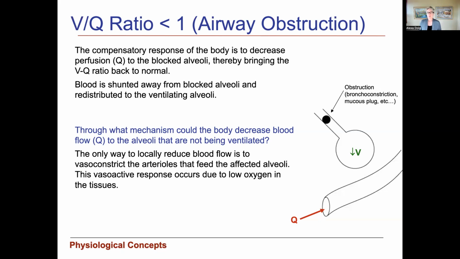We're going to see vasoconstriction in not just selected parts of the lung, but in all the arterioles and maybe even the arteries that are feeding the lung tissue. And so imagine this, all of the branches of the right and left pulmonary artery are vasoconstricting, trying to bring that VQ ratio back to 1.